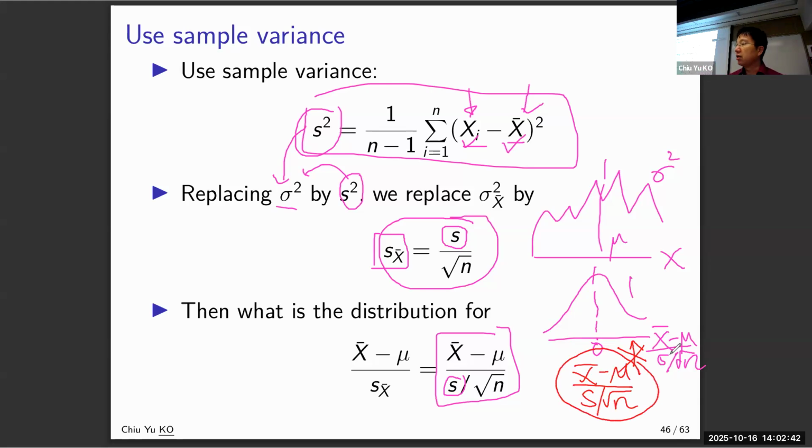This guy is not known. There's no way to know without knowing what the underlying distribution looks like in the background. So in order to proceed, at the moment, we assume the underlying is also a bell curve.